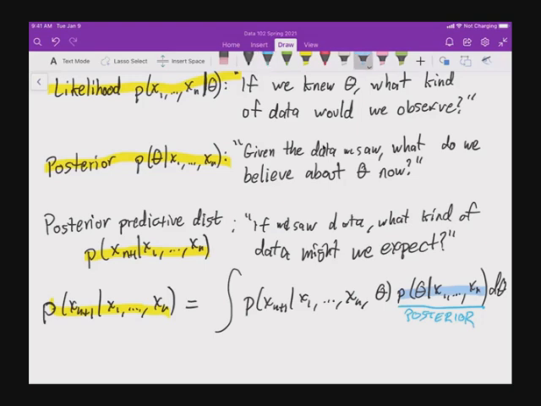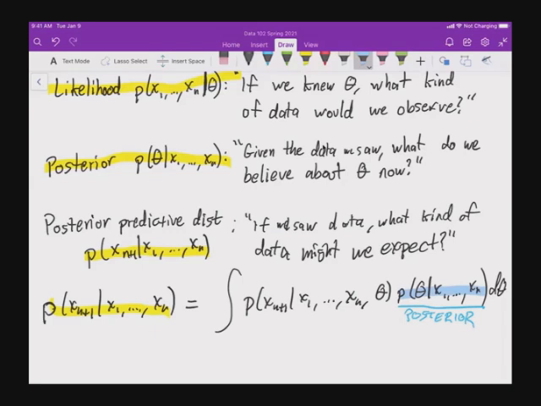This first term says, what is the distribution for x_{n+1} given the first n data points and theta? Well, we keep making this assumption, and generally we'll continue to make this assumption, that the data points are conditionally independent given the hidden variables. What does that mean? If I know theta, then conditioned on theta, x_1 is independent of x_2.